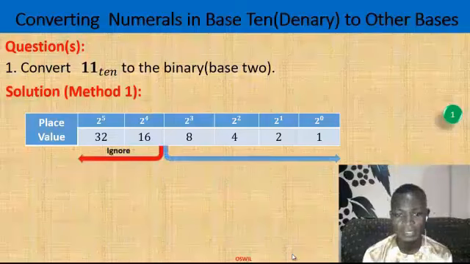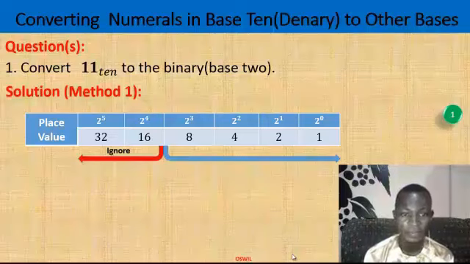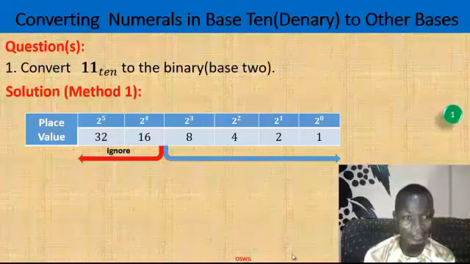We accept the place values that are less than or equal to the numeral to be converted.